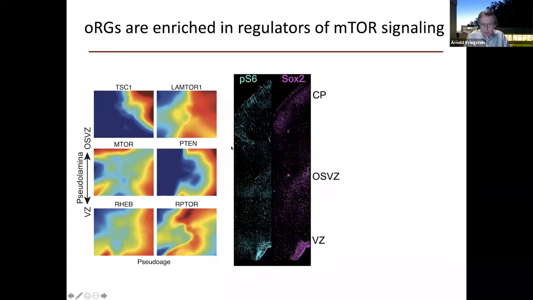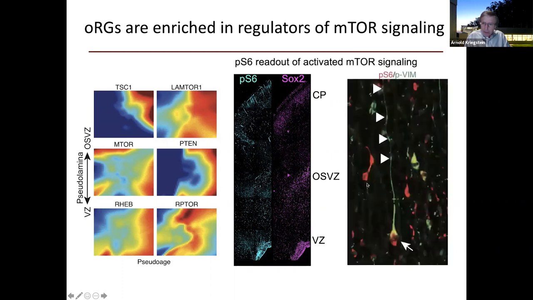And this was confirmed in tissue sections shown here using phospho-S6, which is a readout of activated mTOR signaling, co-labeling nuclei of these outer radial glial cells. You can see that the activated mTOR signaling is highlighting the cytoplasm, in this case the fibers of these outer radial glial cells. They're highly enriched in activated mTOR signaling, and more so than any other progenitors in the developing cortex.